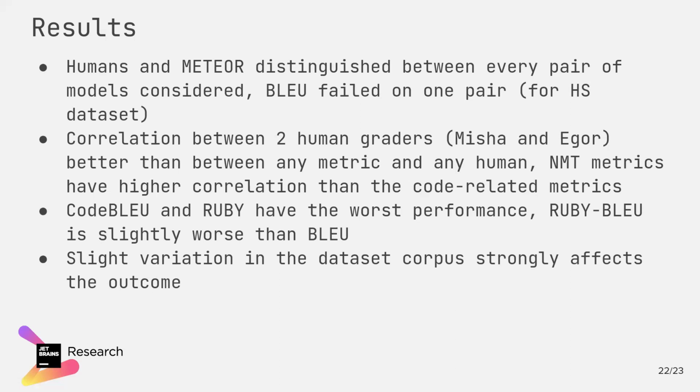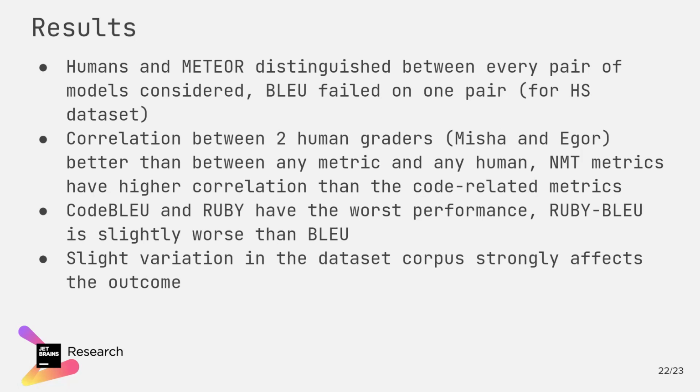And the code-related metrics have mediocre correlation between almost anything. And an important thing to notice is that the difference in correlation between NMT metrics and humans, and between two humans, is still kind of significant.